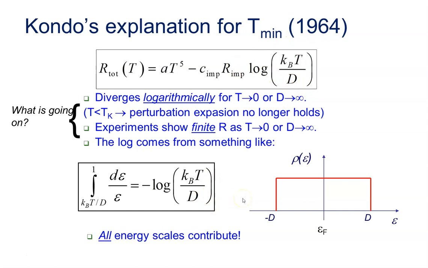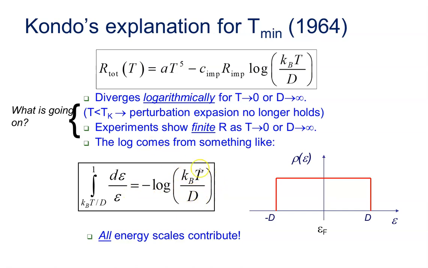Okay, and why does this log come about? It comes from a cutoff, right? A small energy cutoff to an integral like this, d epsilon over epsilon. And so you say, okay, if the temperature is small, I can now do this cutoff, and I'll get the log. The thing is that the temperature is too small.